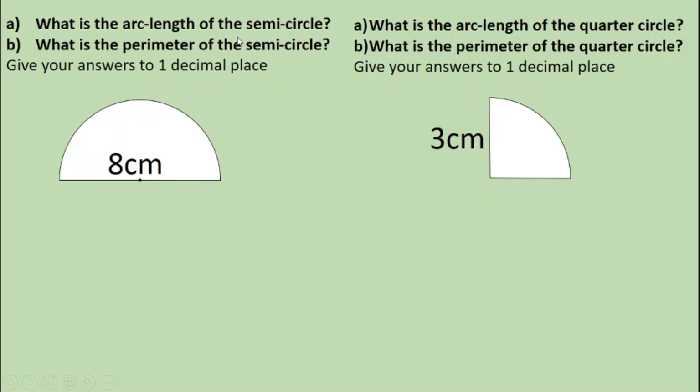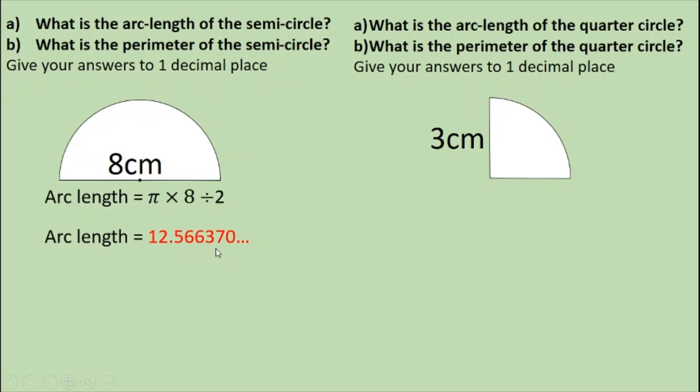So the arc length of a semicircle, what we do is we use the pi times diameter rule that we had before, but because I only have a semicircle, half of a circle, I'm going to divide by 2. And that is going to give me 12.566370 on my calculator.